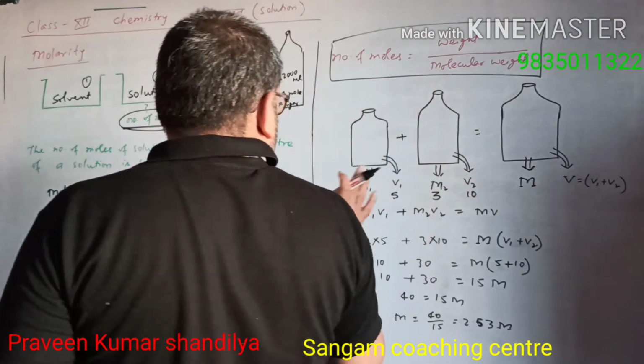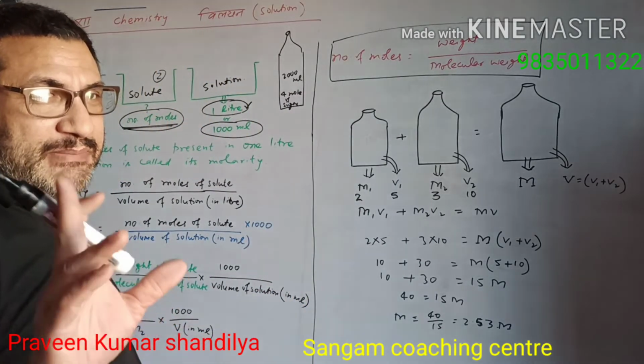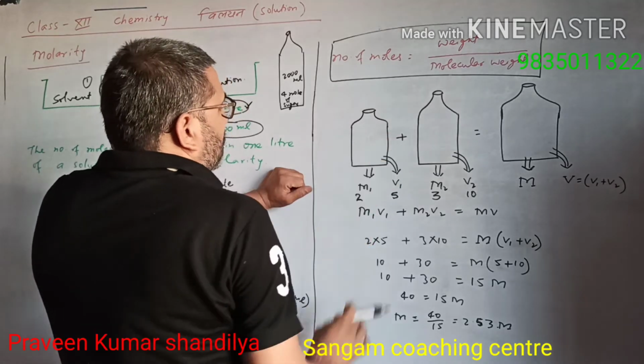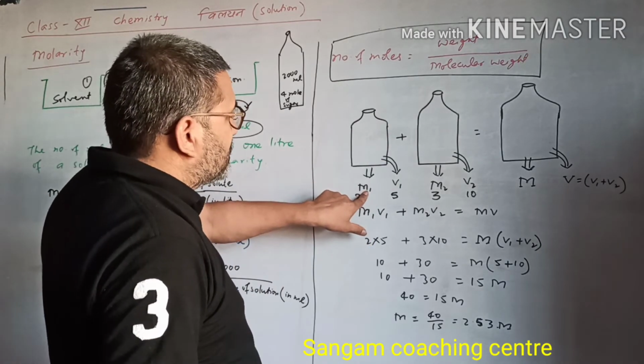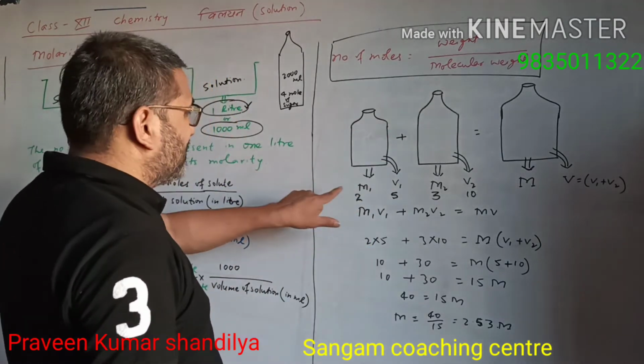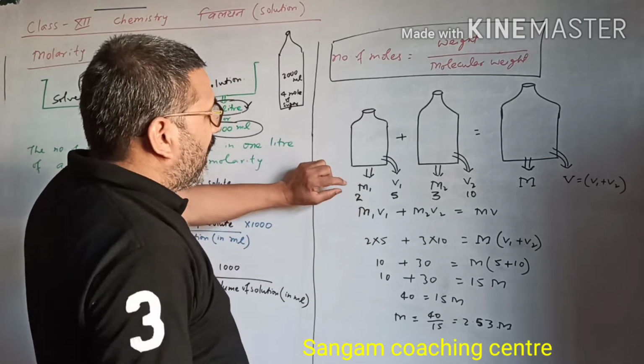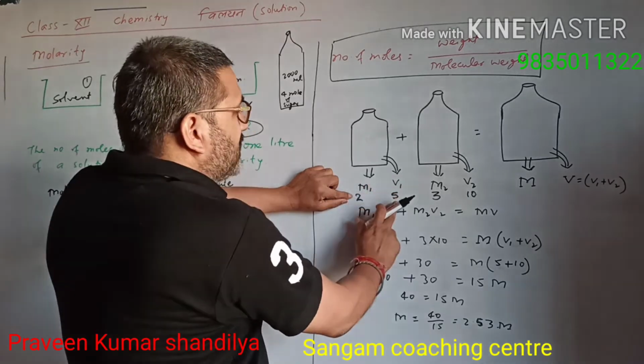Now we have to see some magic. Do you want to see a magic? Yes, sir. I have a bottle which has mithas. M means mithas, that means sweetness. Mithas is 2 and its volume is 5 liter.